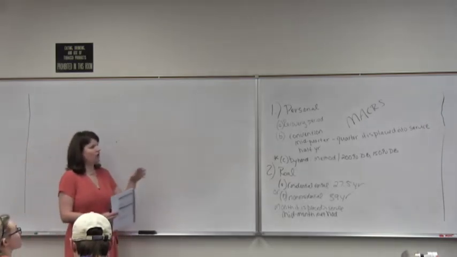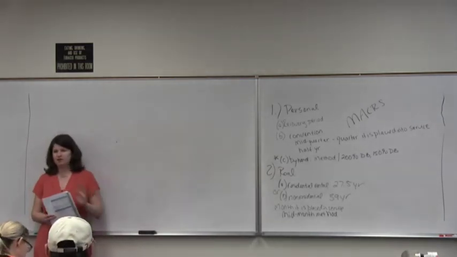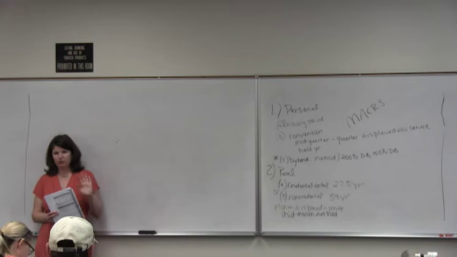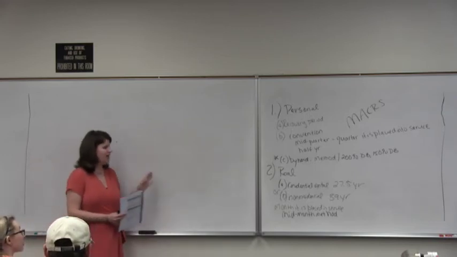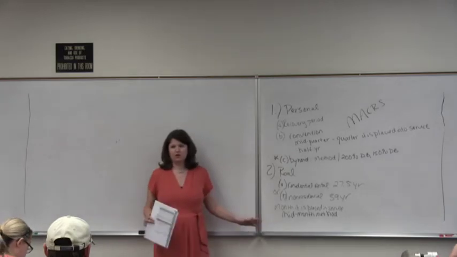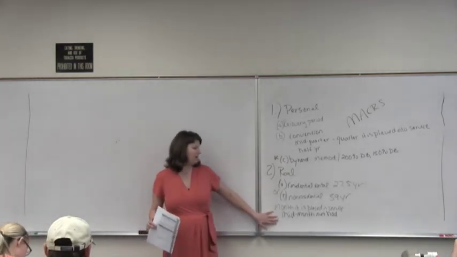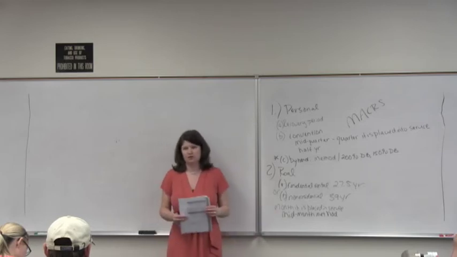The method is always straight line, so we don't have the declining balance or the 150% method. And the convention is always mid-month. So we always have to know what month the property is placed into service.